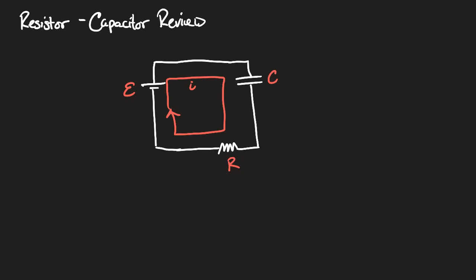Now, I know it's been a couple of months since we've done this, but the point of this exercise is to remind us why we use Kirchhoff's rules in this way and how they are used to determine how the circuit behaves over time. Now, this circuit is super simplistic. I didn't include any switches, I didn't include any extra resistors, nothing complicated.